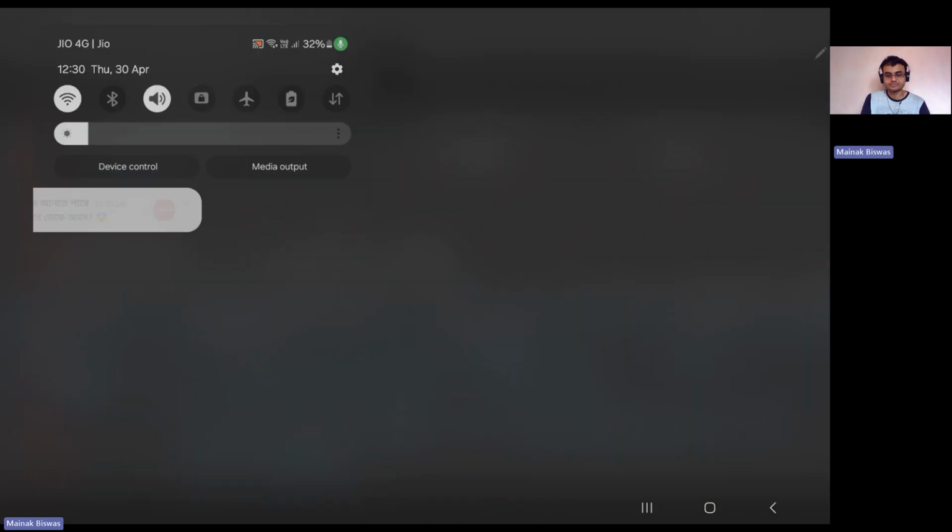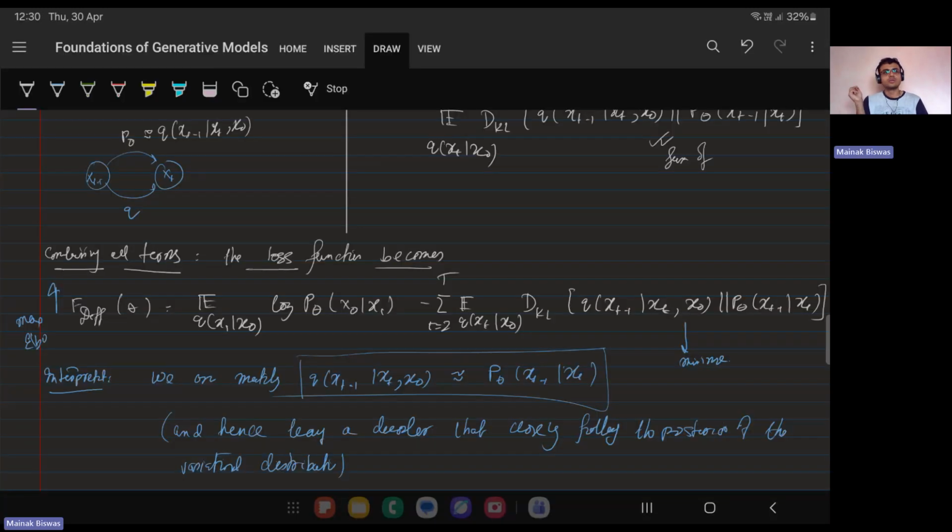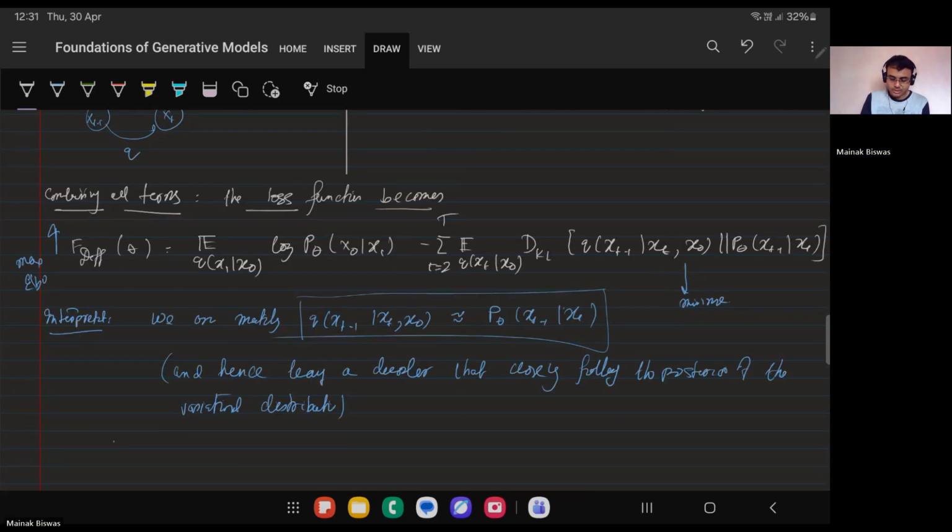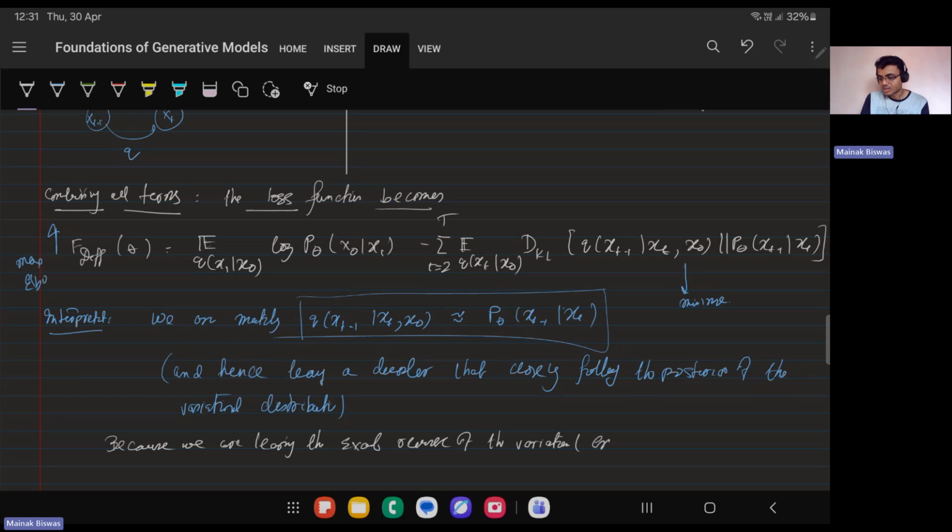That's the idea, because we are learning the exact reverse of the variational encoding process.